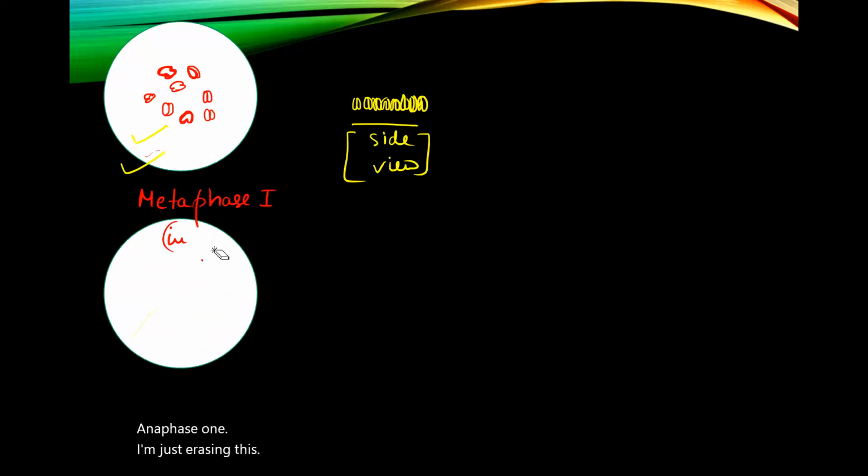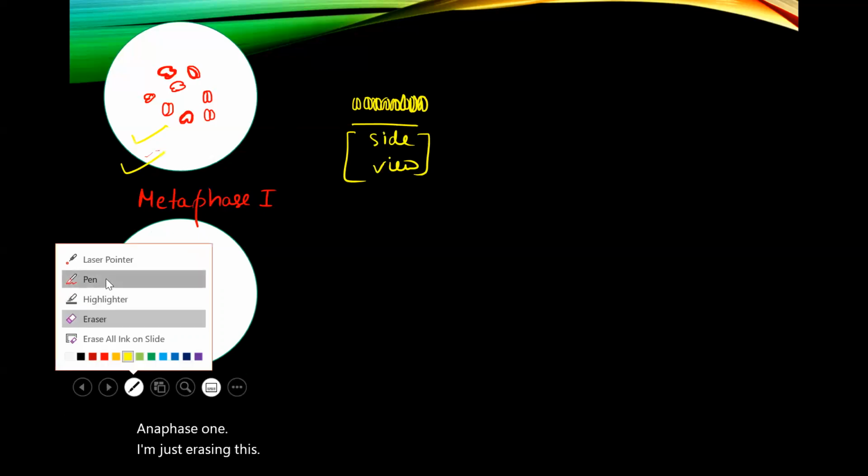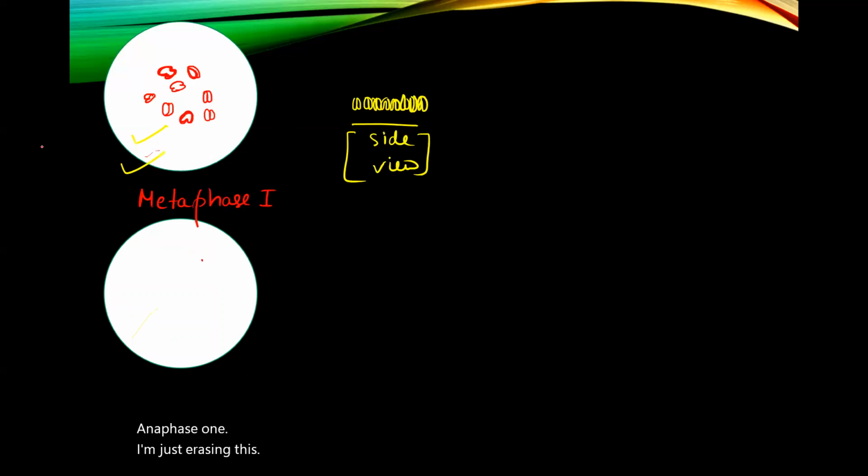Next, coming to Anaphase one. I'm just erasing this. This is in polar view. Now coming to Anaphase one.